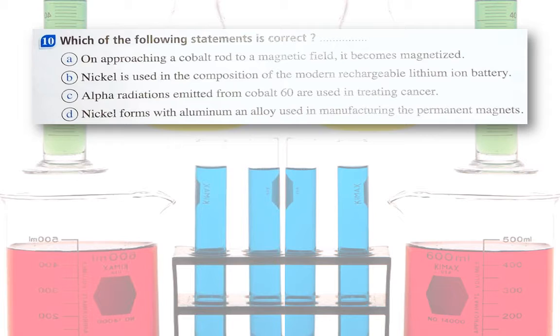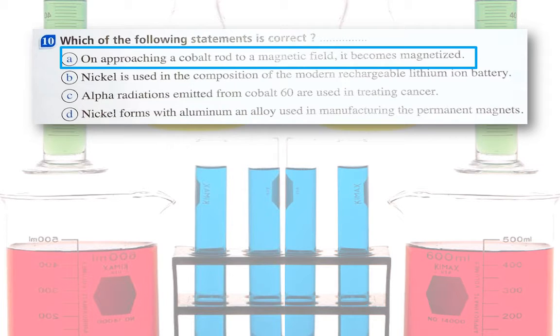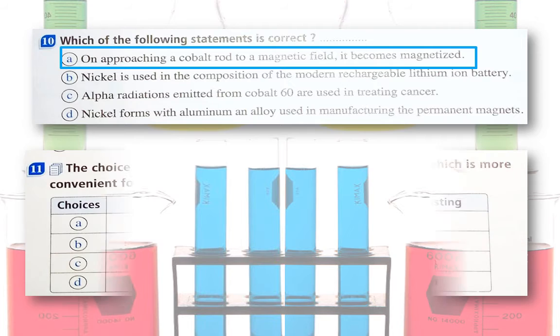Nickel forms with aluminium an alloy used in manufacturing permanent magnets. Okay, here the first one will be the right answer: on approaching a cobalt rod to a magnetic field, it becomes magnetized, as it gives the property of magnetic field.